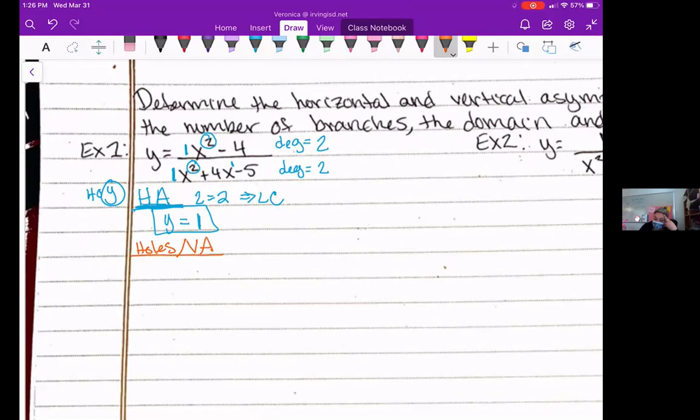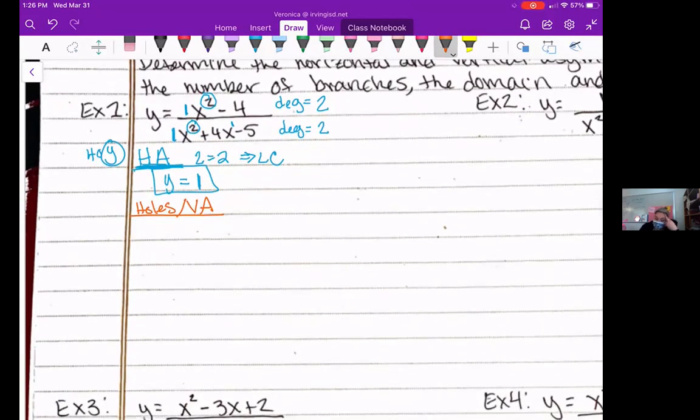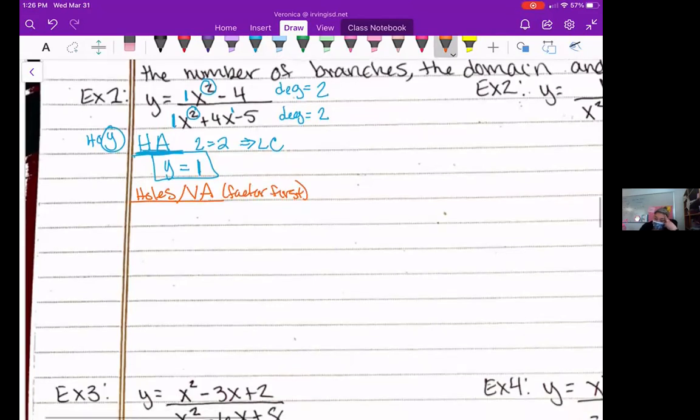Now remember, in order to do your holes and your vertical asymptotes, you have to factor first. Okay, so let me go ahead and rewrite it. So we have x squared minus 4 over x squared plus 4x minus 5. So your numerator, hopefully you realize that your numerator is difference of squares.